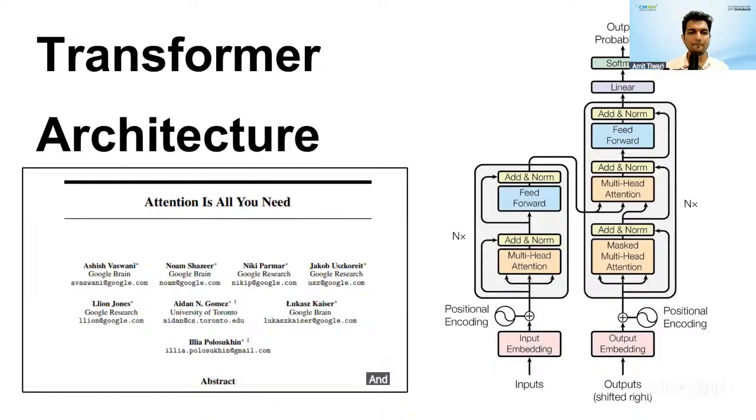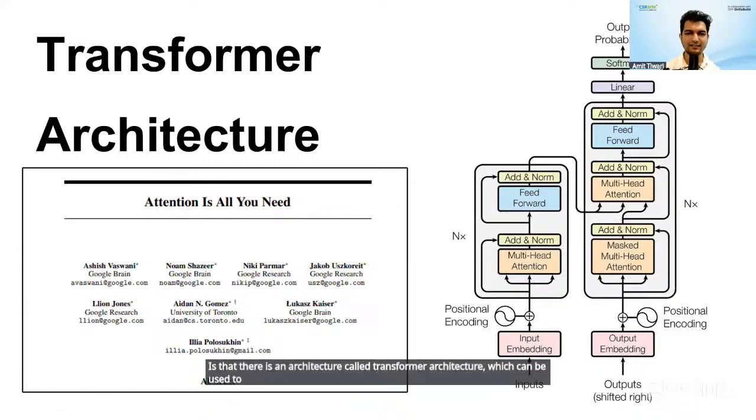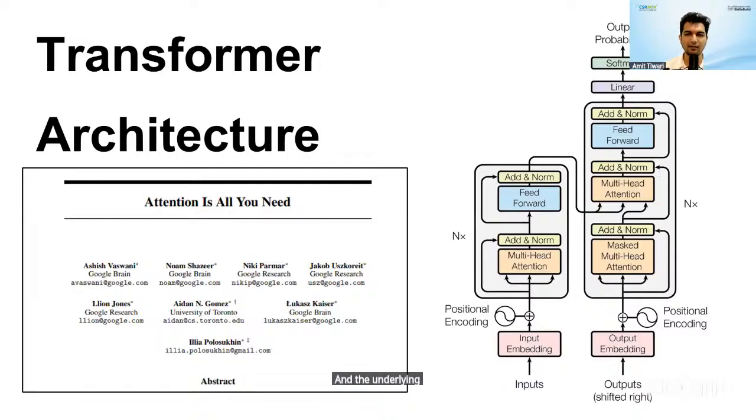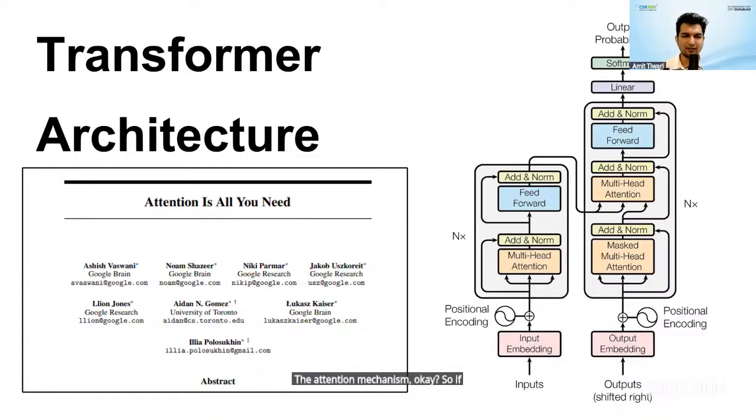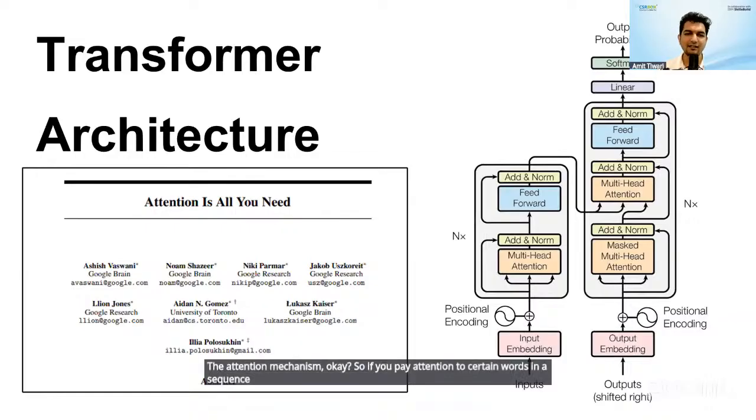What they researched is that there is an architecture called the transformer architecture, which can be used to understand language in a much better way. And the underlying principle of making the language understand each other is the attention mechanism. If you pay attention to certain words in a sequence or in a sentence, you will be able to identify the meaning of that sentence.